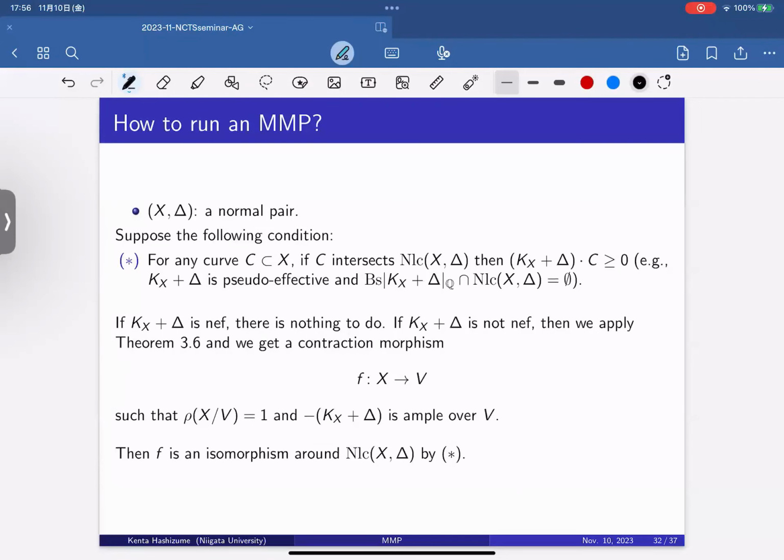Then we can use the condition. Since the K_X + Δ negative curve is disjoint from the non-LC locus, f is an isomorphism around the non-LC locus.